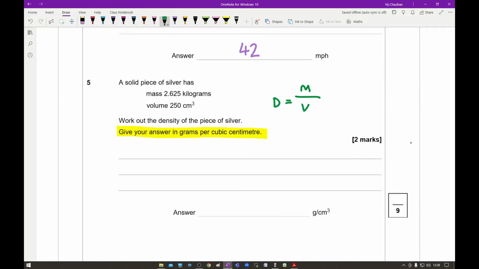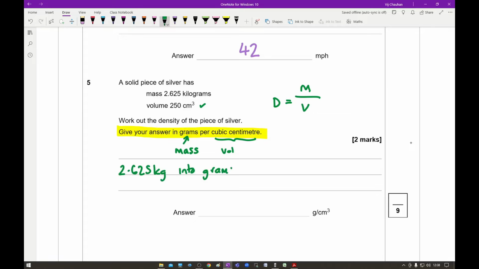So here I want my mass in grams and I want my volume in centimetres cubed. So here the volume is fine, but the mass is in kilograms, not in grams. So first thing I need to do is convert 2.625 kilograms into grams.